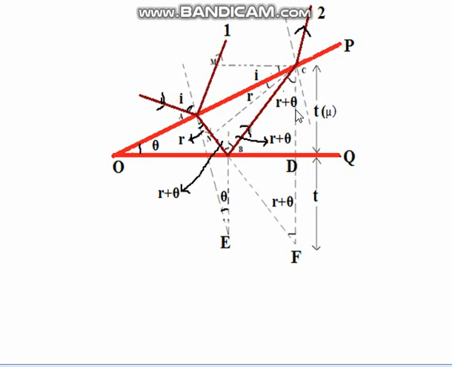Here we let CD equal to t. t is the thickness at point C. Because this is the inclined film, the thickness is continuously varying from point to point. At this particular point we let the thickness equal to t, and mu is the refractive index of the medium.